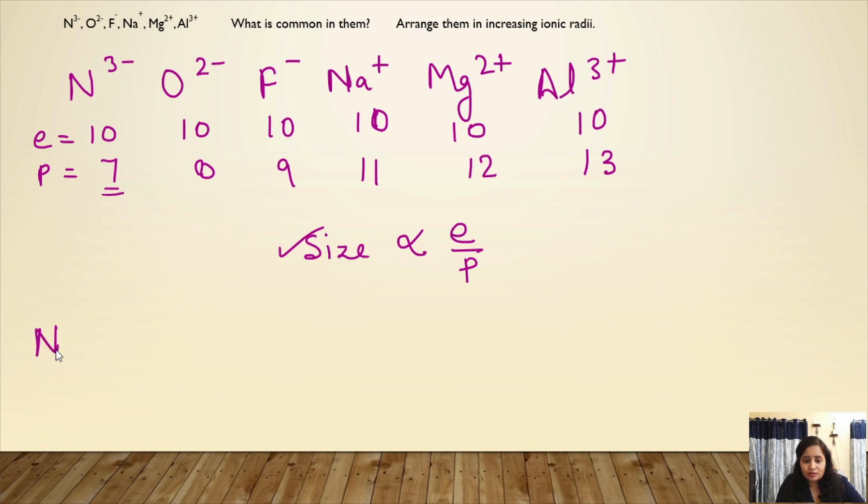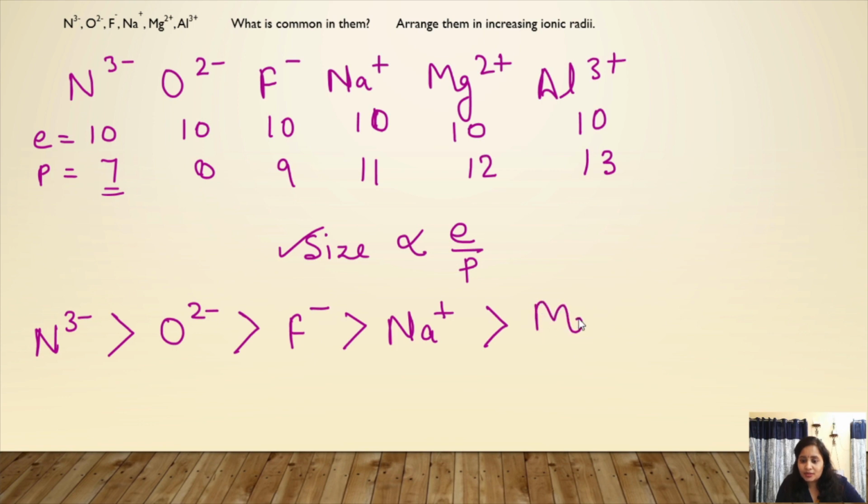So nitrogen 3 minus is the largest, then comes oxygen 2 minus, then comes fluoride minus, then comes sodium plus, then magnesium 2 plus, and then aluminium 3 plus.